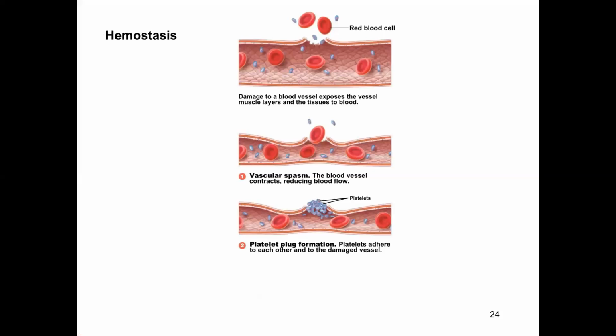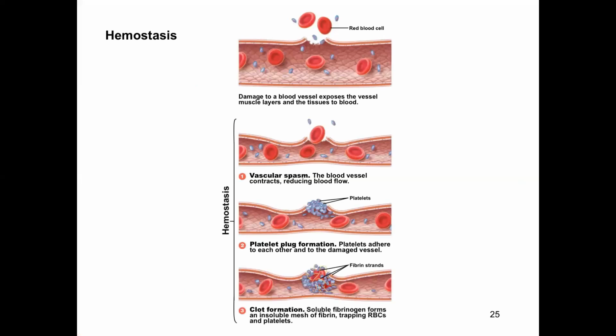And that recruits them to form this plug. That's a very simple way of explaining it. So they start sticking to each other. Why? Well, they get all bumpy, and they start holding on to each other, whereas normally they don't. So, second step, platelet plug formation.